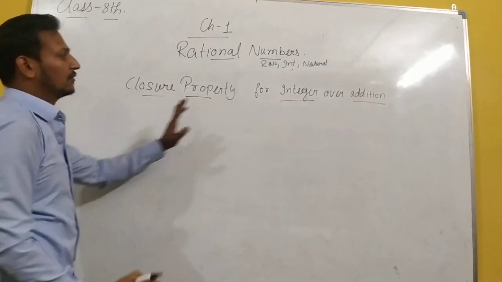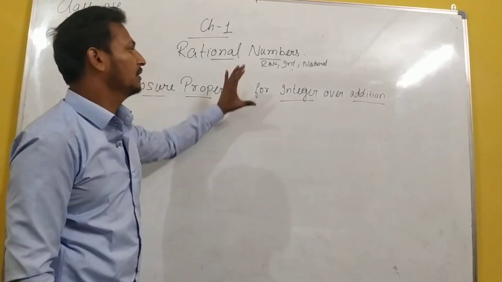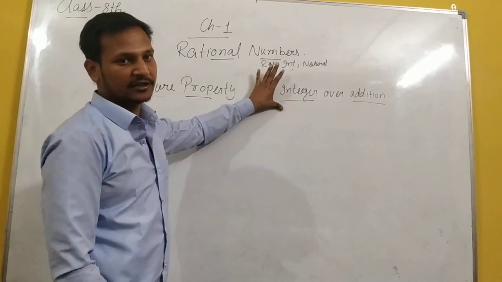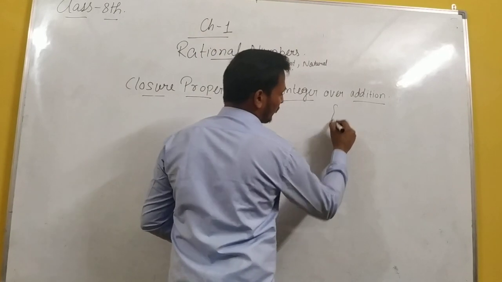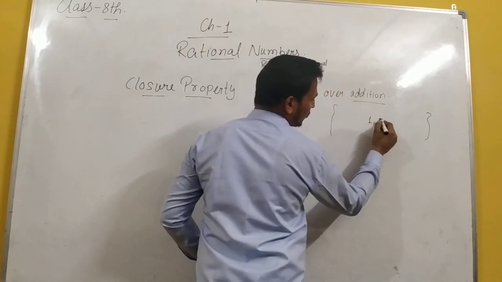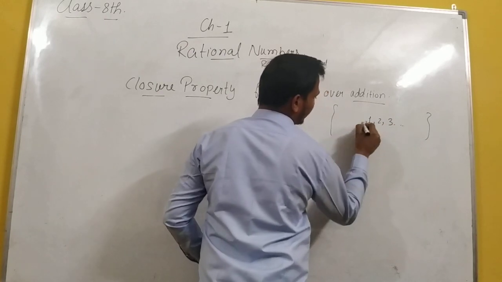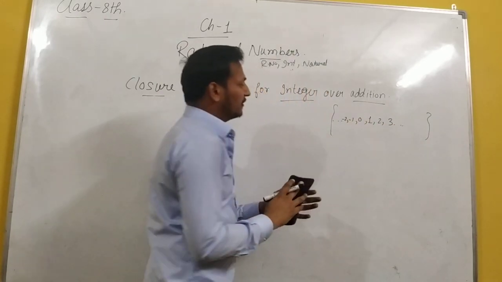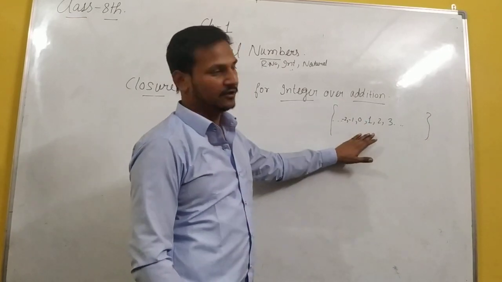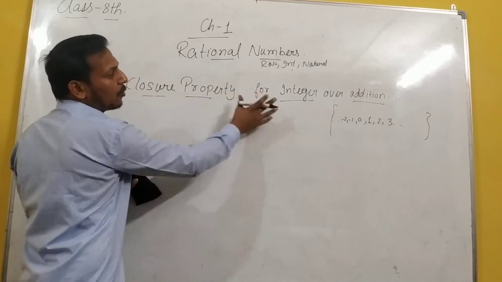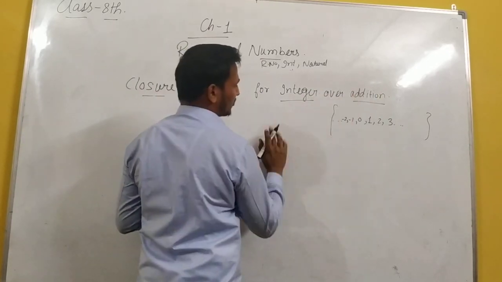So again, we are talking about closure property. First thing which should be clear to you: what is an integer? I'm writing here. Integers are the counting numbers 1, 2, 3, and so on, and on this side 0, -1, -2, all these numbers. So how will we check closure property for integers over addition?